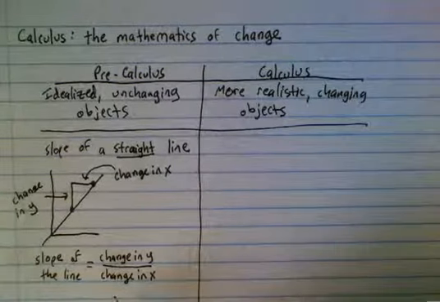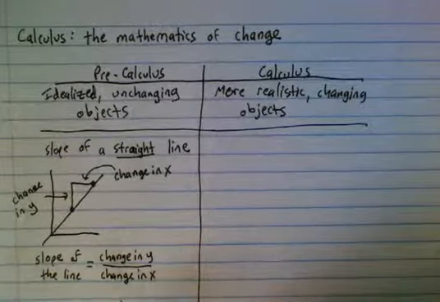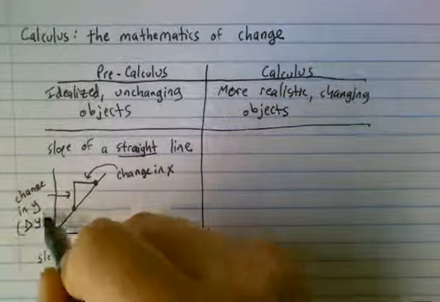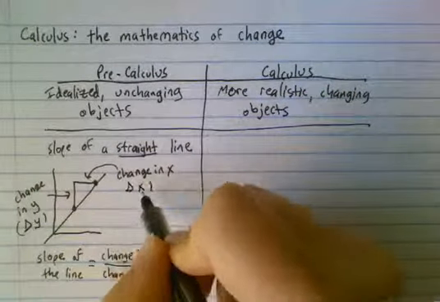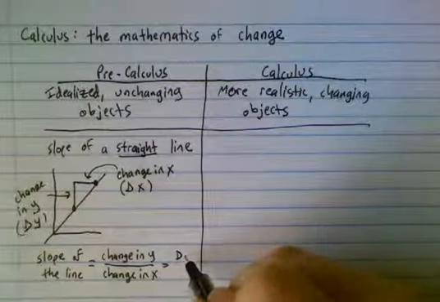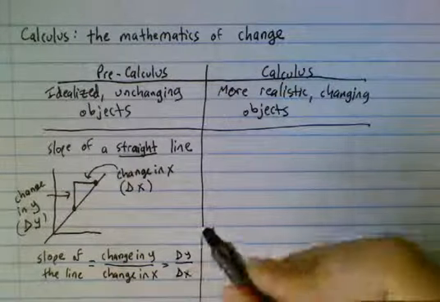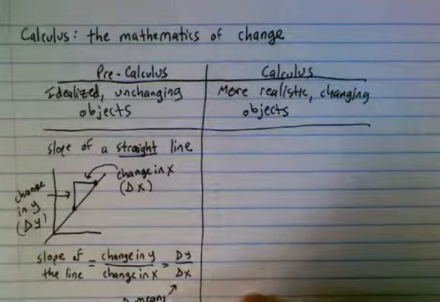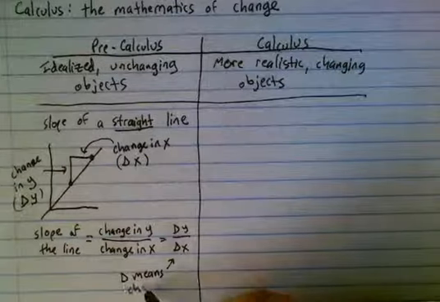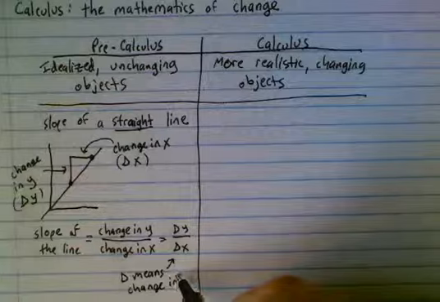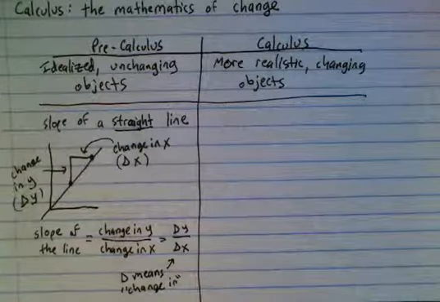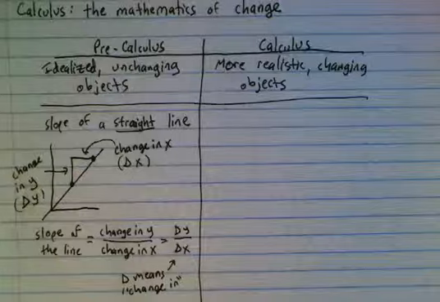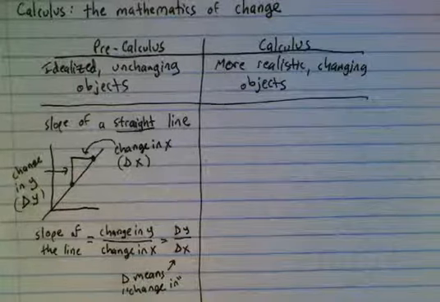Change in is an awfully long thing to write, so this is sometimes also notated as delta y and delta x, with the delta meaning change in. We know this all the way back from Algebra 1 as rise over run, same idea, rate of change.